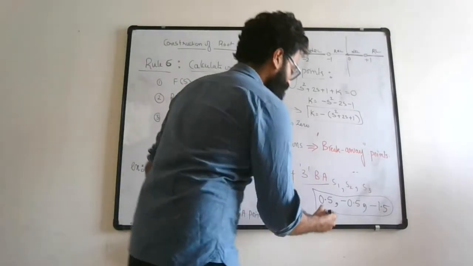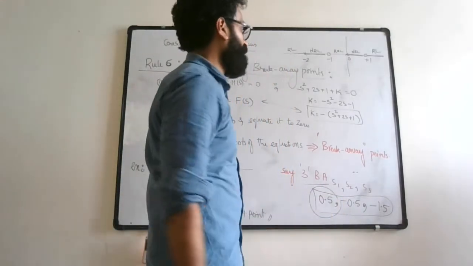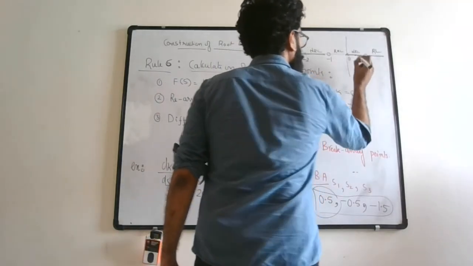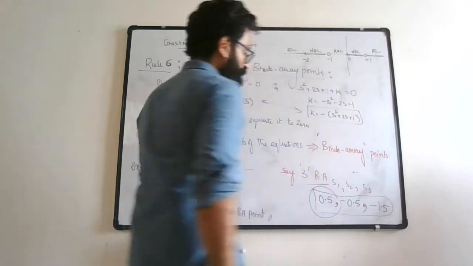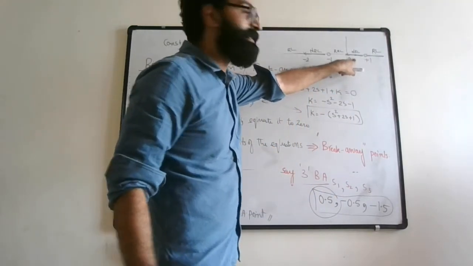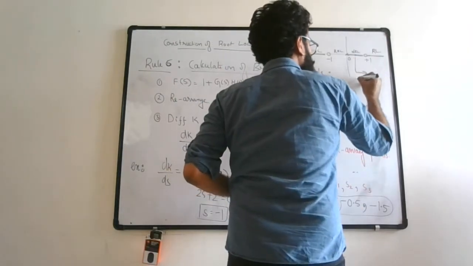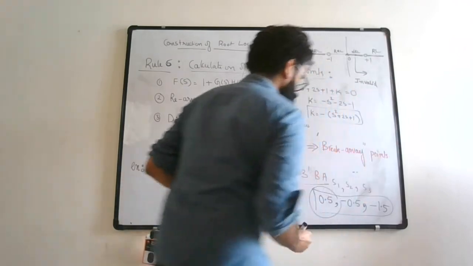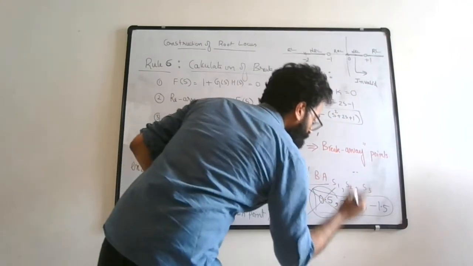Point number 1, what is the value? 0.5. So where is 0.5? It is here, between 0 and 1. This 0.5 is getting placed in which section? NRL section. Hence, it is invalid, so you can discard this point.